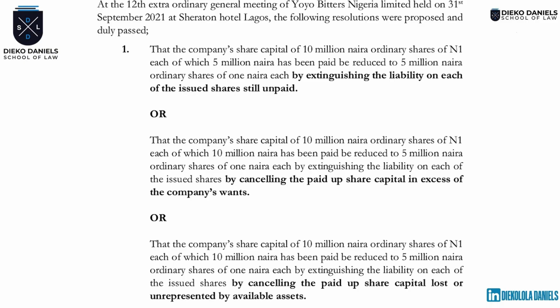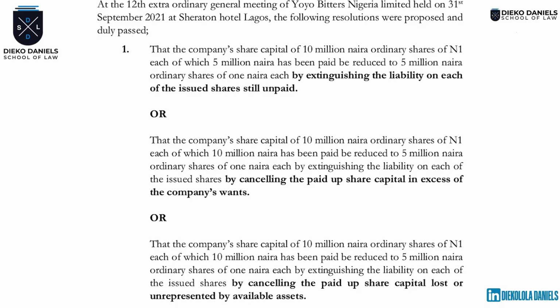Do you understand? So here I am saying that the company, now you have to tell us the position right now first. The company right now has a share capital of 10 million naira ordinary shares of 1 naira each, of which 5 million has been paid. Do you understand that? And we want to reduce it to 5 million naira ordinary shares, by extinguishing the liability.